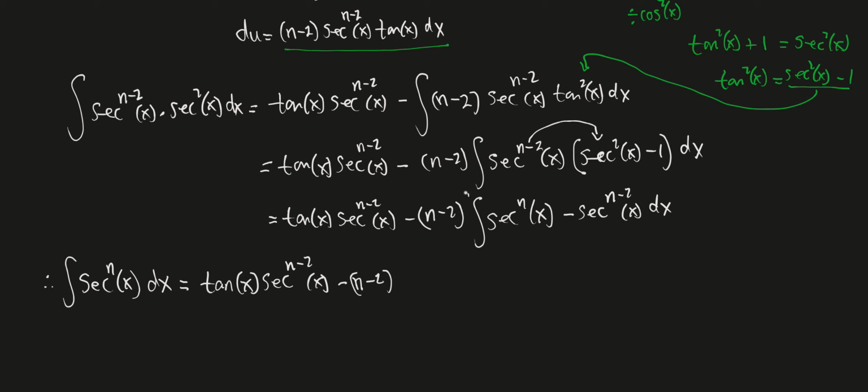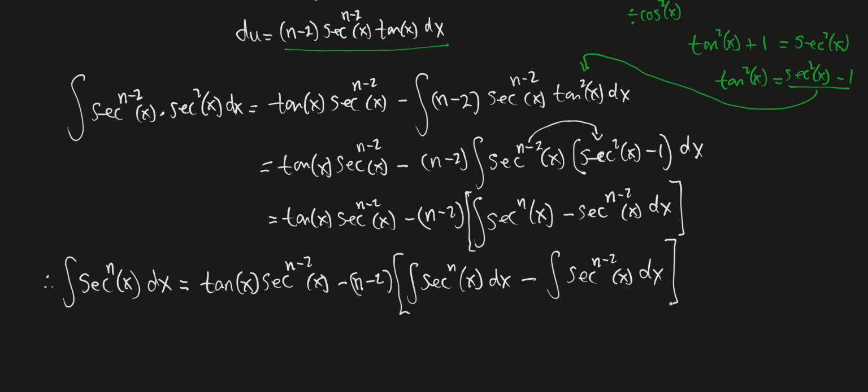If I split this into two indefinite integrals, it will look like this: the integral of secant to the nth power with respect to x, and then minus the integral of secant to the n minus 2 power with respect to x. And then if I distribute the quantity negative n minus 2, multiply this integral and this integral, this is what happens.